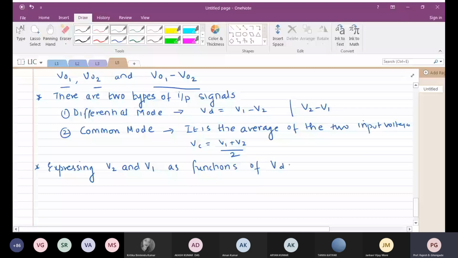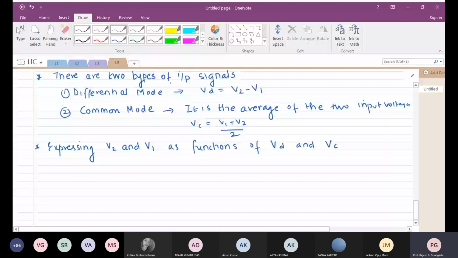We have seen what VD is, so we will take it as V2 minus V1, doesn't matter. So this was your VD, this was your VC. Now, can I express V1 and V2 as functions of VD and VC? Definitely we can.